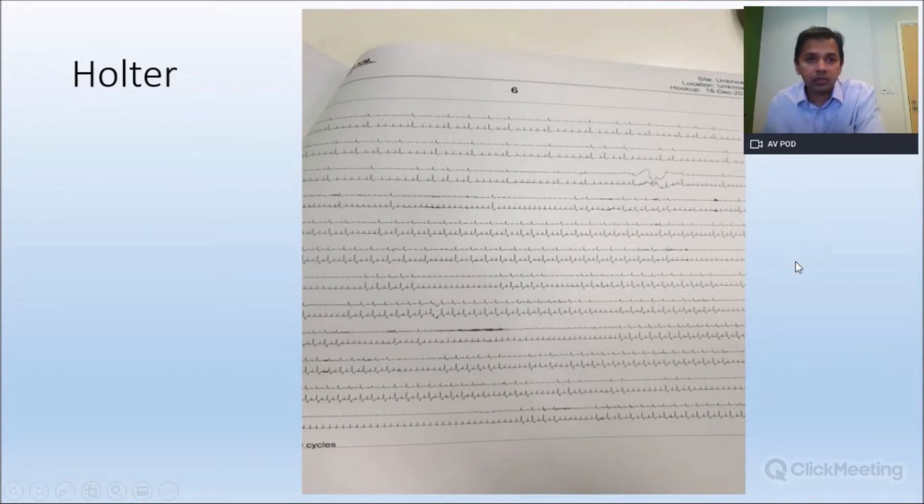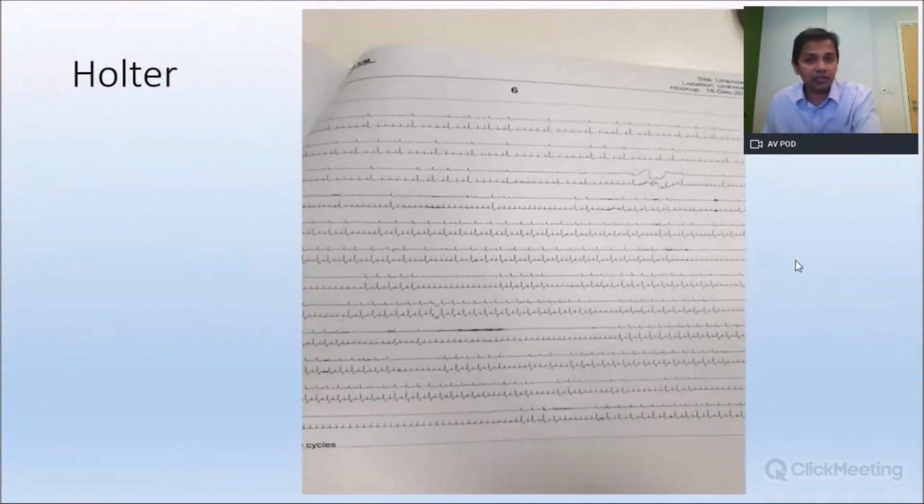If you look at this Holter report, there's a certain time of the day her ectopics are less frequent, and certain time of the day it's very obvious, very frequent. So this explains why in the 2 years ECG could be normal, because her ectopics were quite obvious during the evening and night.